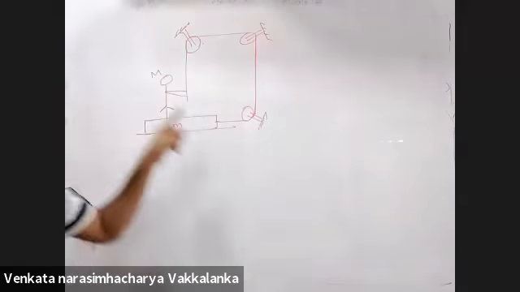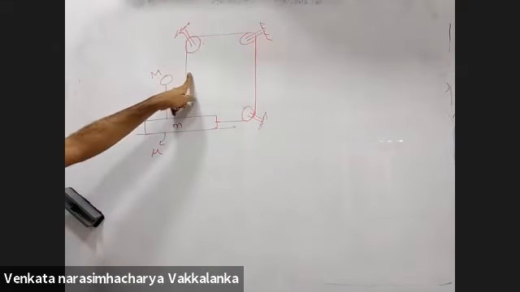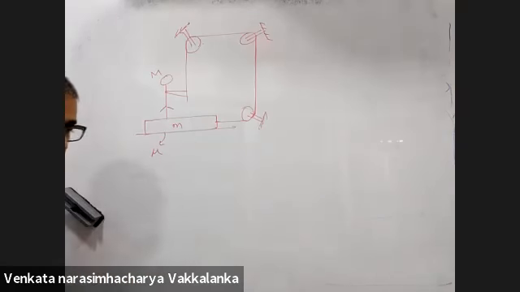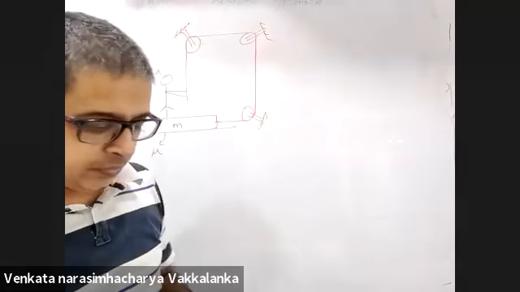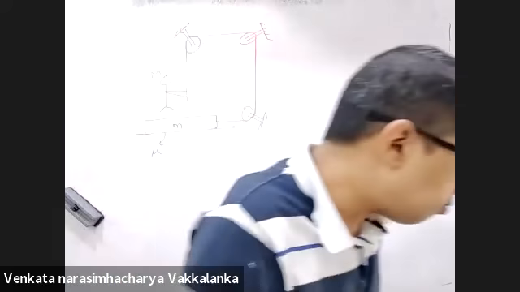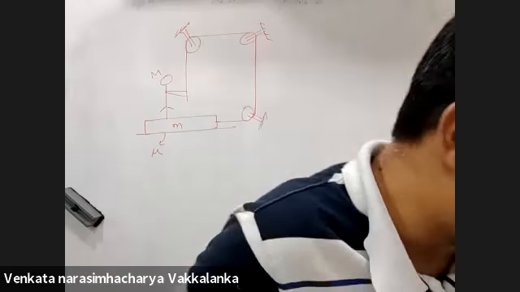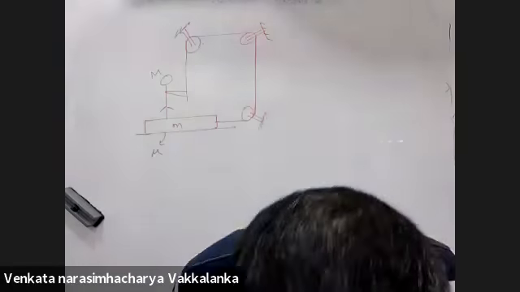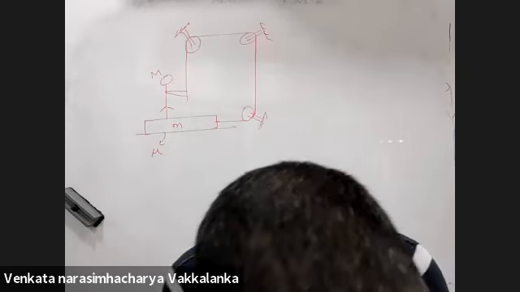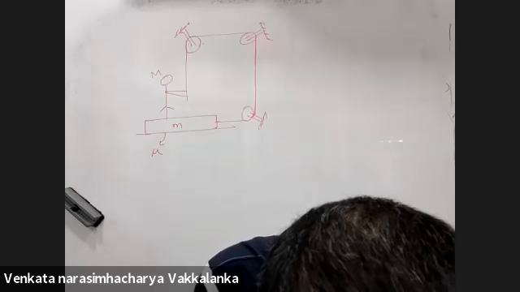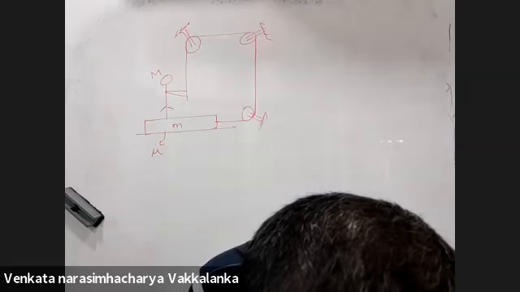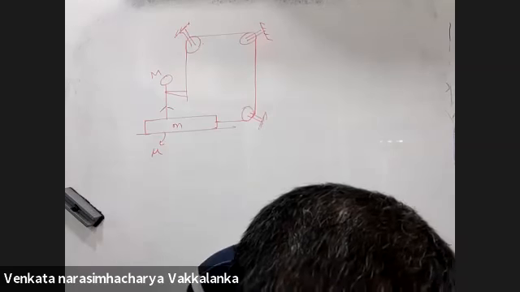What is the maximum force with which the man can pull the string so that the plank remains at rest? Write down the statement. What is the maximum force with which the man can pull the string so that the plank remains at rest?